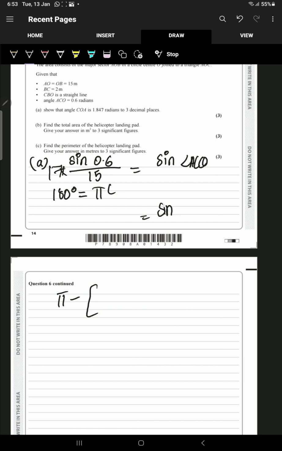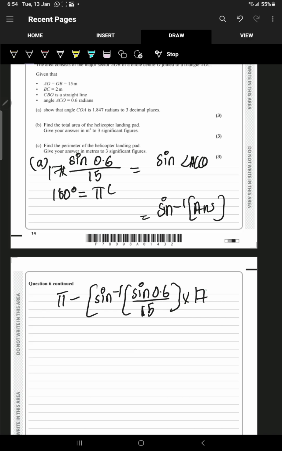It is possible to do this from your calculator. So sine inverse of sine of 0.6 over 15, times 17, and minus 0.6 radians.